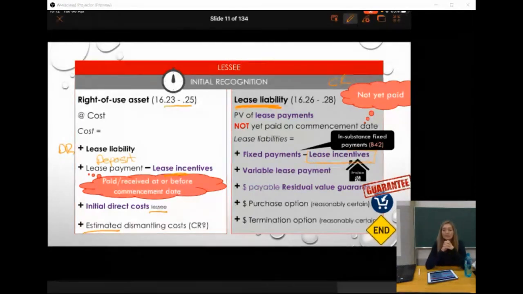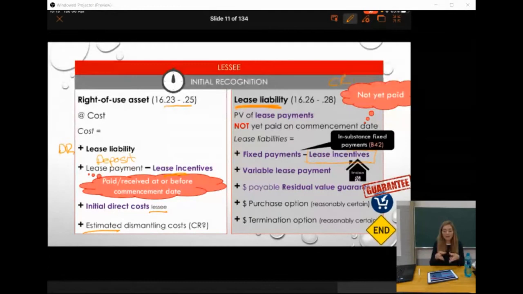So it's a rate over which neither the lessee nor the lessor has any control. If that's the case, then those variable lease payments are included.